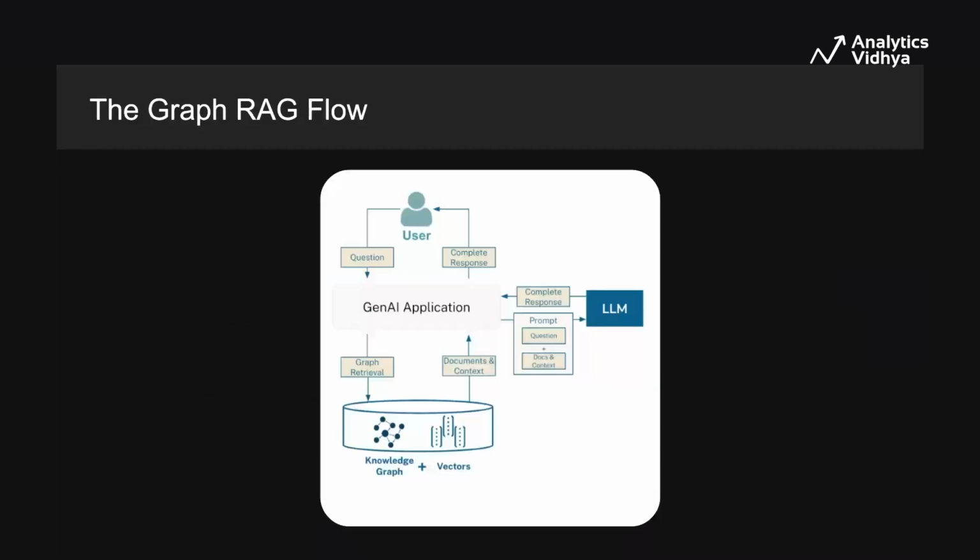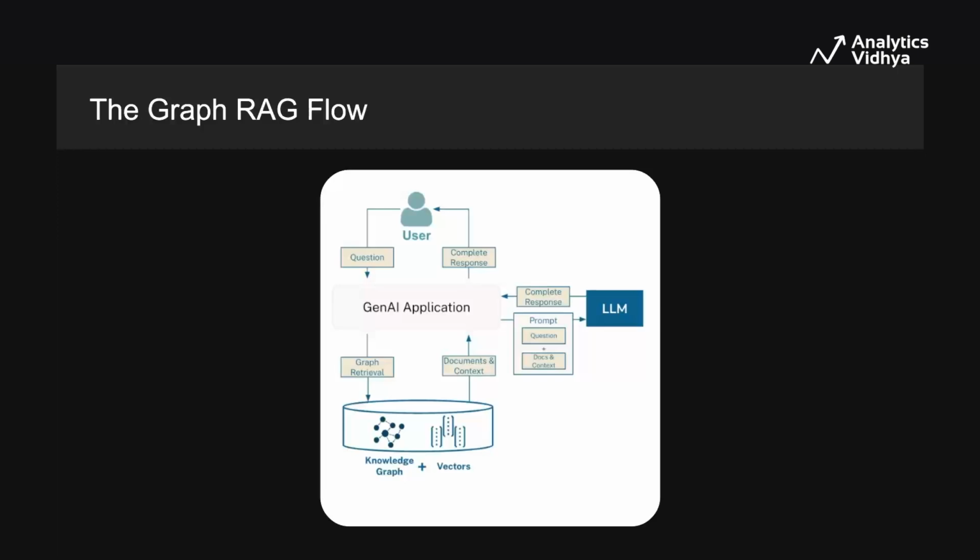Now, let me walk you through the full Graph RAG pipeline. Compare this to the classic RAG flow from the last video. It still starts with your source documents, but now before anything gets indexed, those documents go through entity and relation extraction. An LLM reads each document, pulls out the entities, and captures the relationships between them. Those entities and relationships are stored in a knowledge graph. Entities become nodes, relationships become edges.